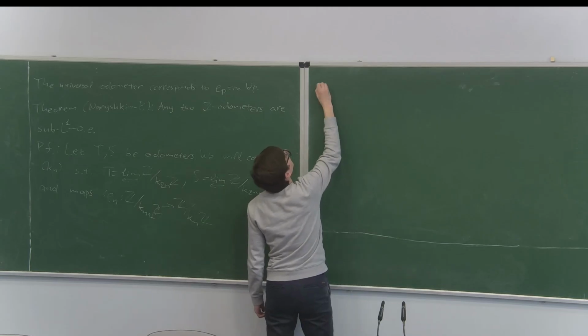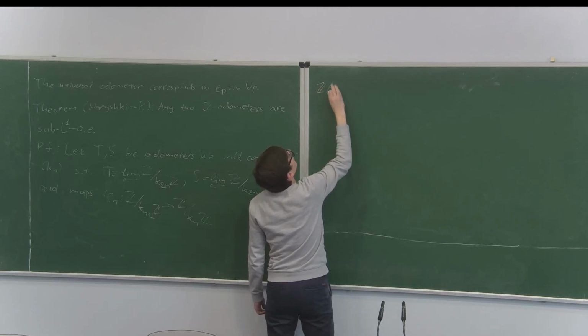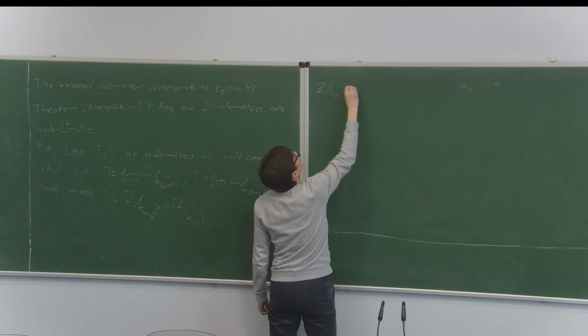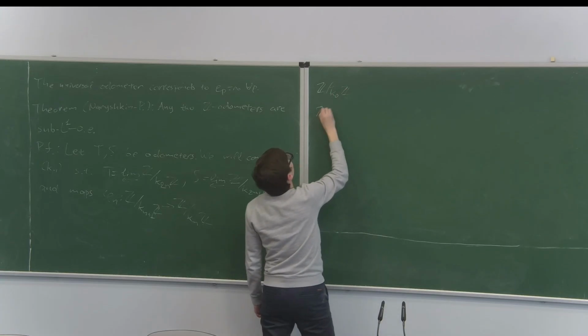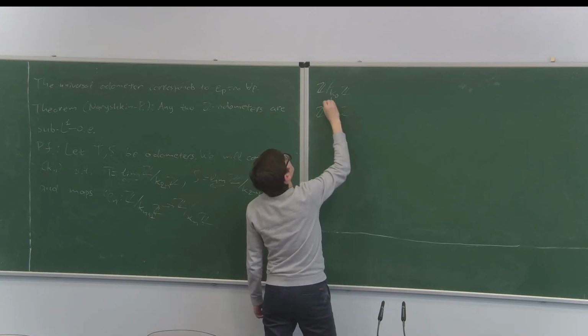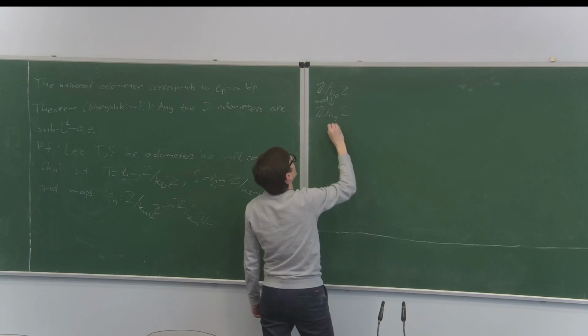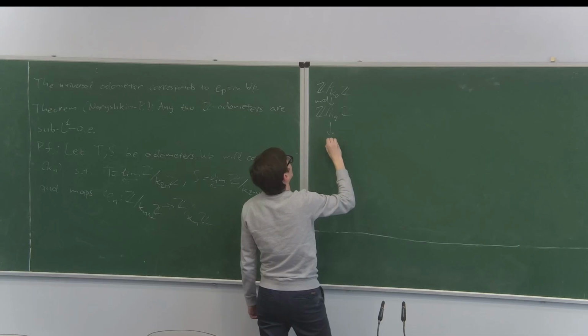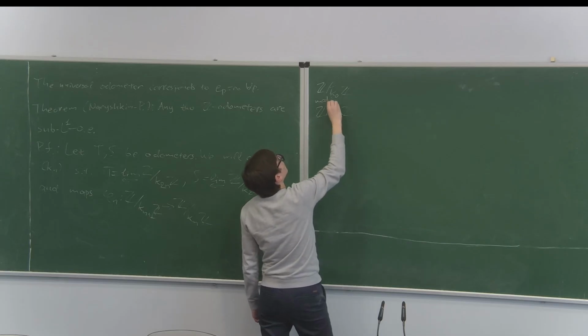So the picture we have is K_0 Z, K_2 Z. It's just a mod map. No, the other way around, sorry.